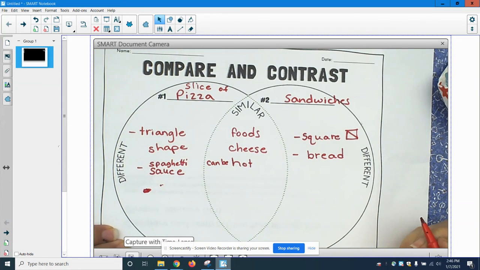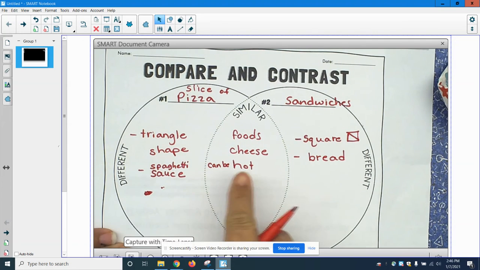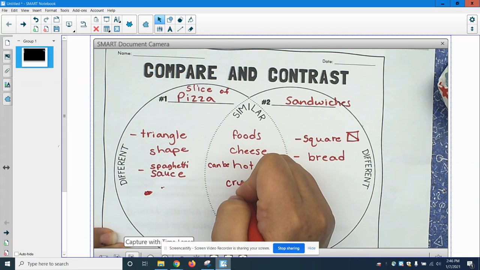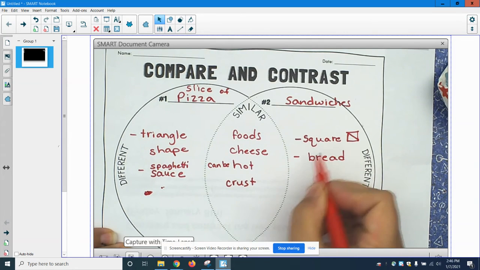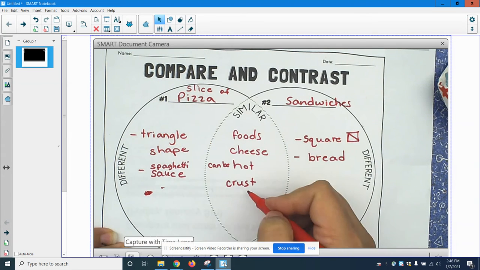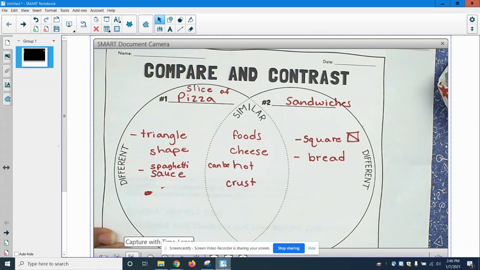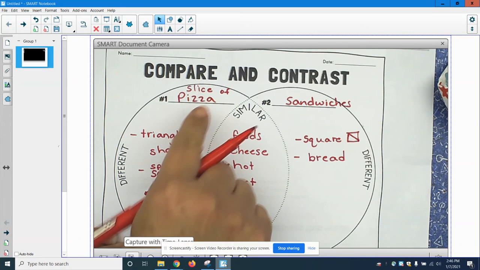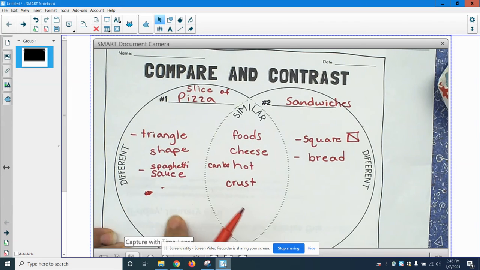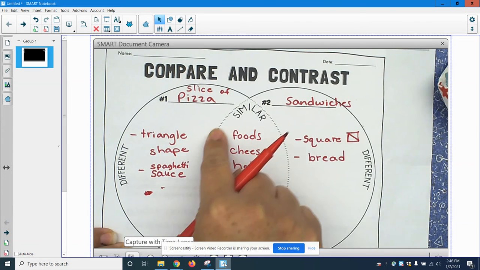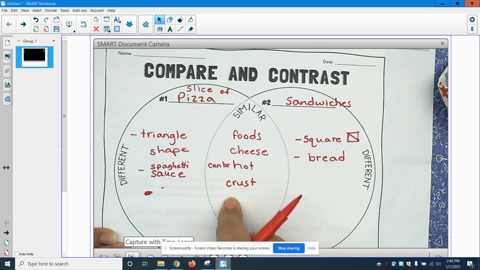But also sometimes I eat pizza cold. So this is how they're similar. They both have crust. Like a sandwich has crust and a pizza has crust. So when you do a compare and contrast, this is the part where you're telling how it's different. And the part in the middle is how they're both the same.